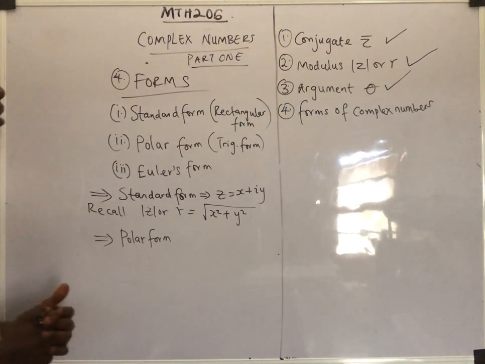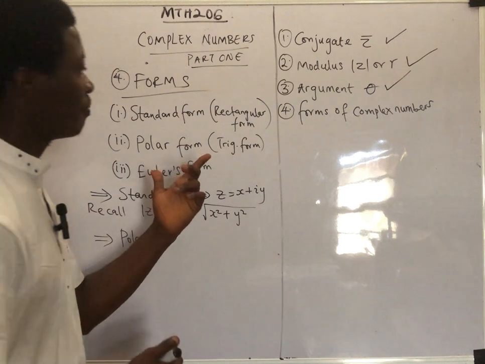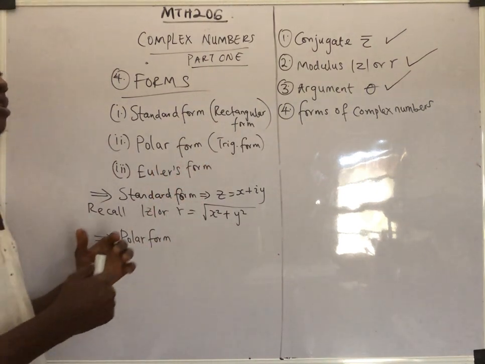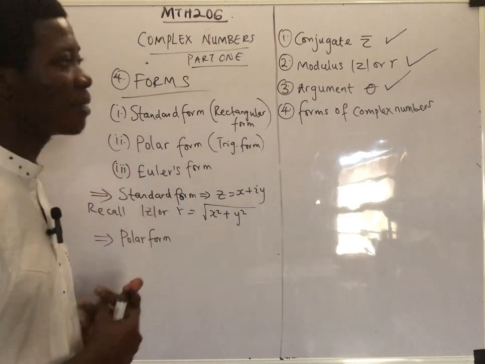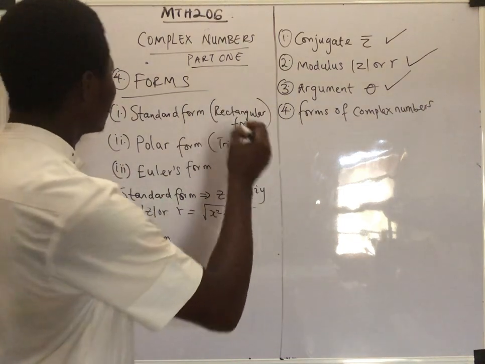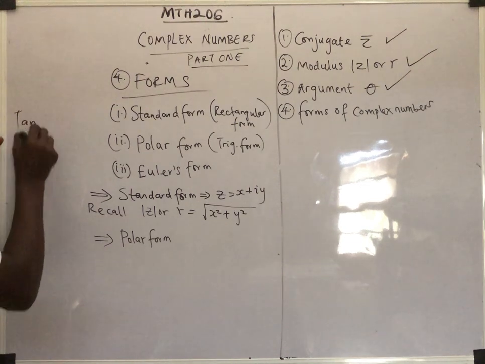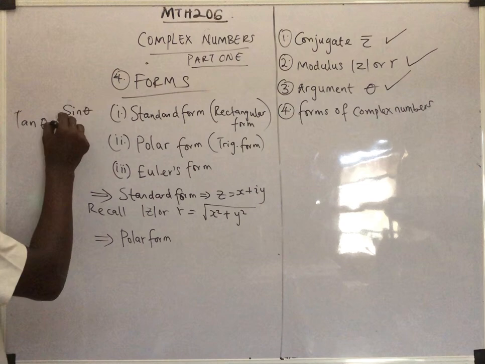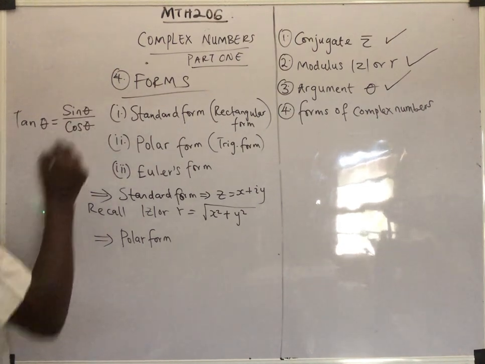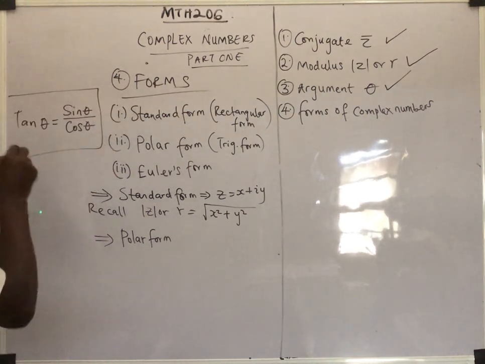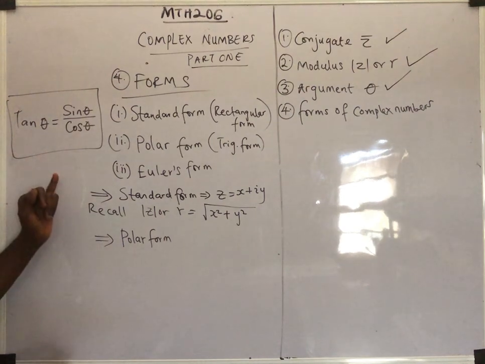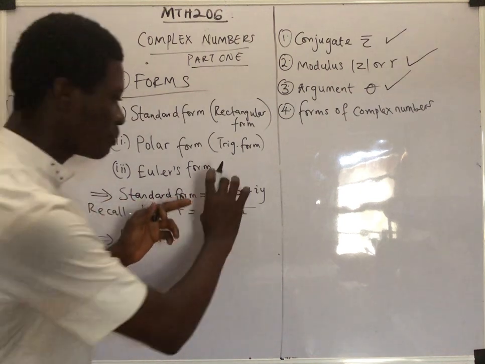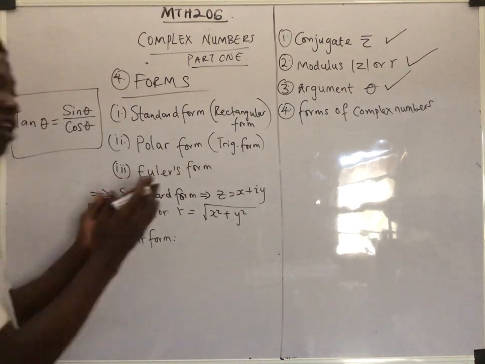Since complex number has something to do with tan, and sine and cos bring about tan, I think before now we should know that tan theta is equal to sine theta over cos theta. So we know this before now. Polar form is now going to explain to us further how to represent the standard or the rectangular form.